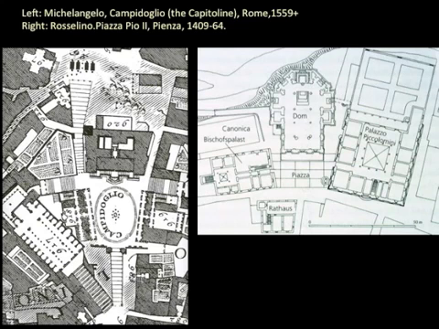Trapezoid. We know that trapezoid is great because of the Roman Forum, but we also know that it's pretty effective from an earlier urban example that we looked at, the Quattrocento intervention of Rossellino in the little Tuscan hill town of Pienza, where we have palaces canting off on either side and the church in the middle. And in Pienza, one thing we admired about this space was that it played with vision.